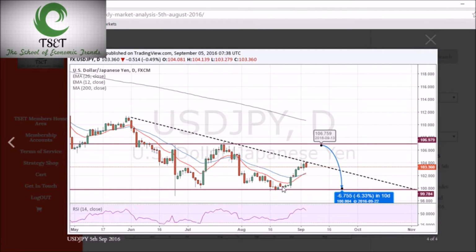Okay, USD versus JPY. The US dollar against JPY is a little bit of a strange one, guys, because its support level, just around 99.7784, hasn't broken.